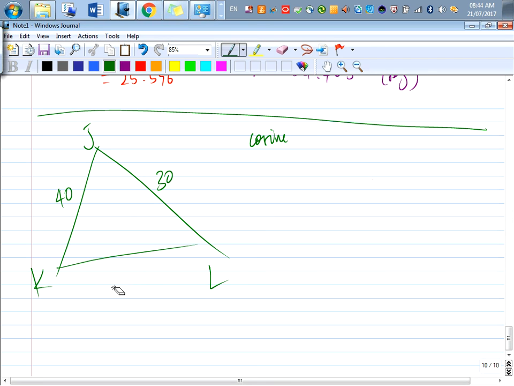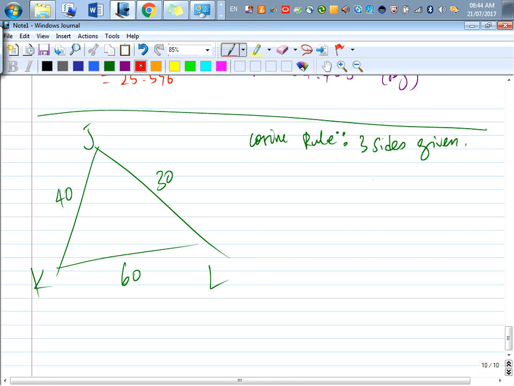Okay, I don't like this example. I want to change it to 60. Okay, so you want to use your cosine rule, right? What is the reason? Because 3 sides given.